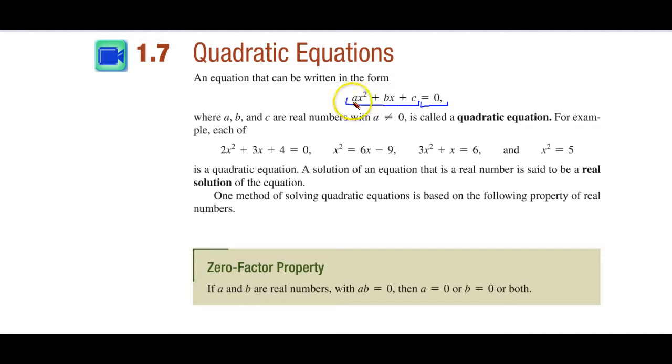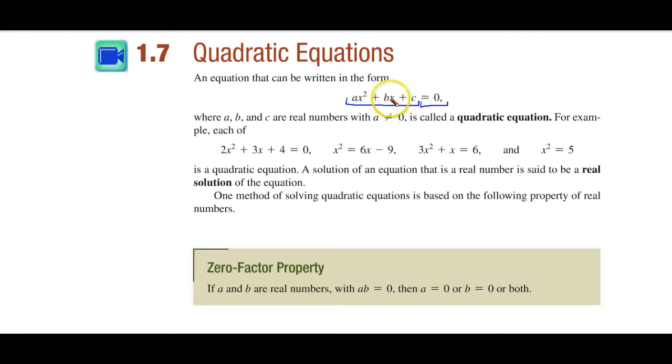Now, the letter A in the equation is the numerical coefficient of x squared. The letter B in the equation is the numerical coefficient of x. And C is just that constant.